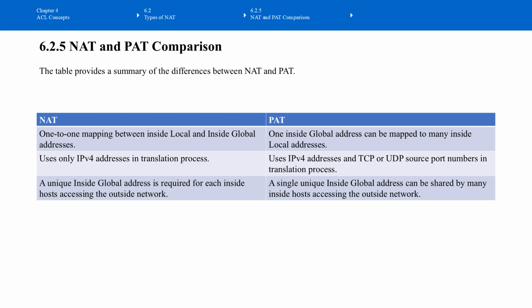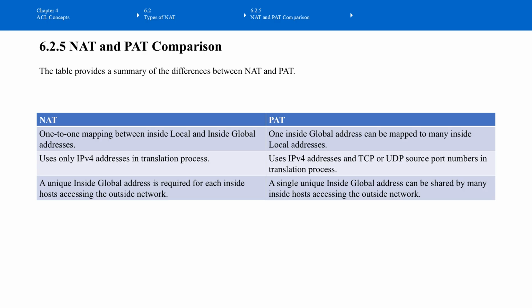Here, the table shows the differences between NAT and PAT. For NAT, there's a one-to-one mapping between inside local and inside global addresses. For PAT, one inside global address can be mapped to many inside local addresses. NAT uses only IPv4 addresses in the translation process.